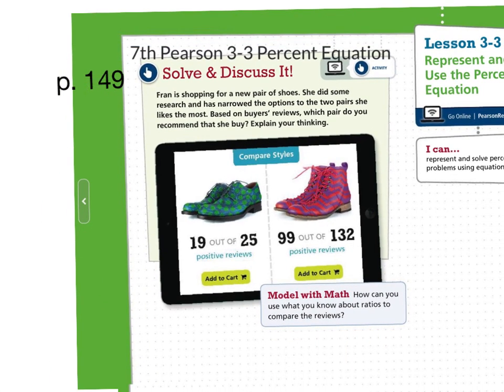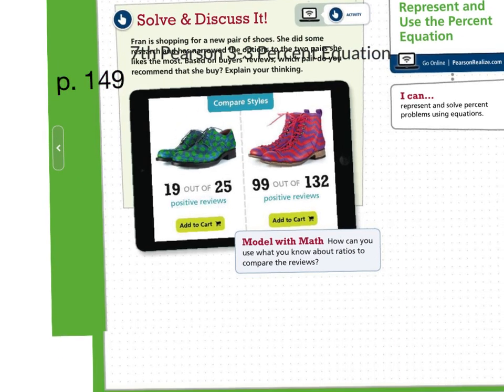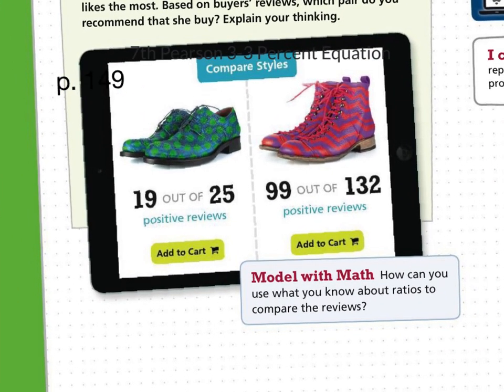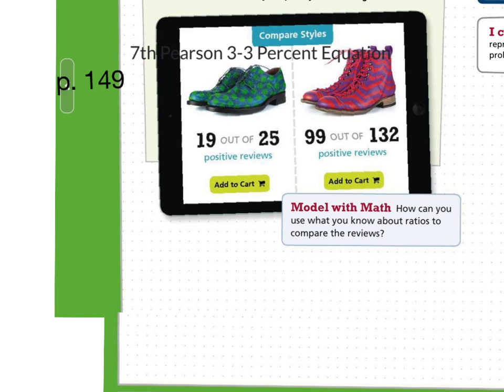So you can see the first pair of shoes has 19 out of 25 positive reviews. The second pair of shoes has 99 out of 132 positive reviews. So different ways we could do this.